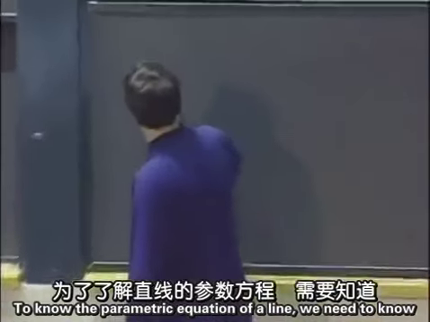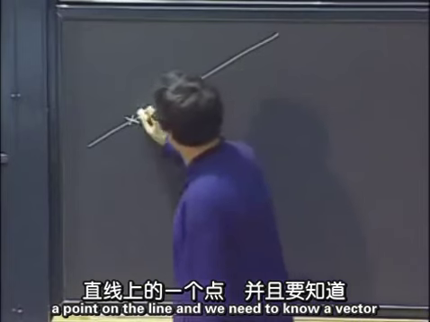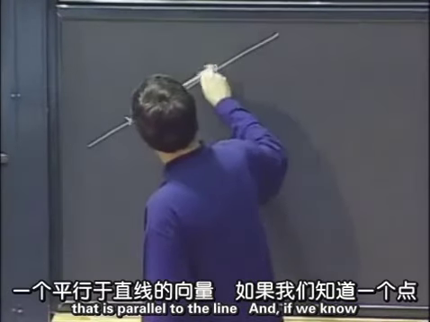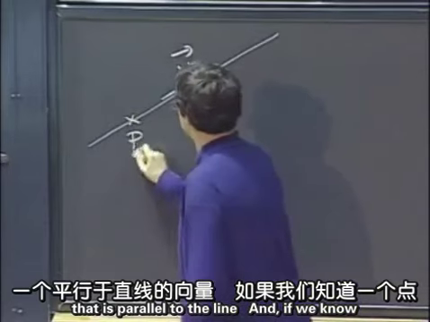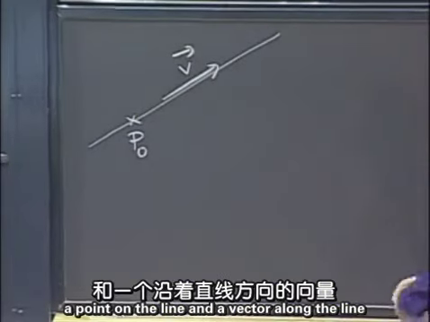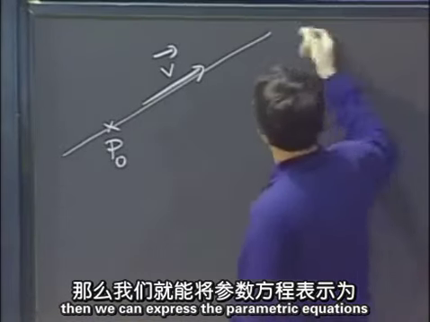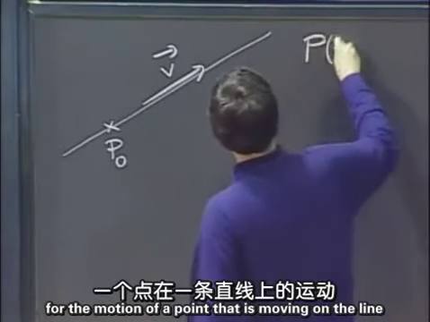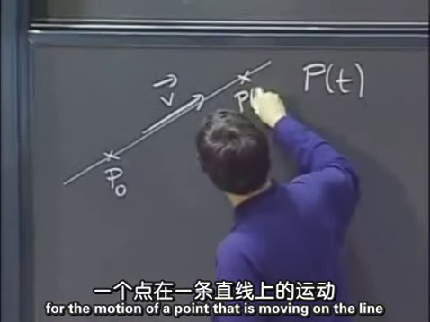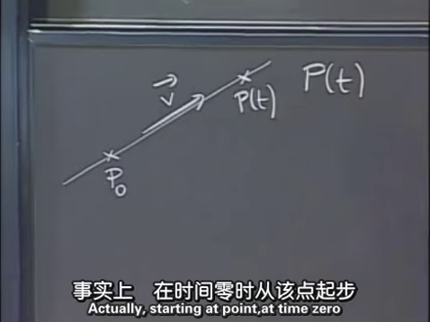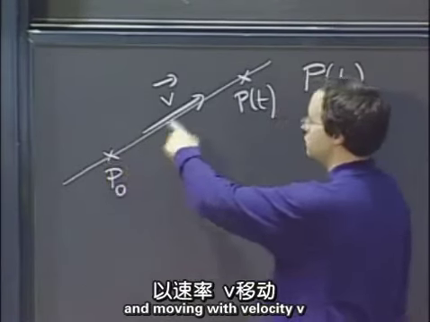To know the parametric equation of a line, we need to know a point on the line, and a vector that's parallel to the line. If we know a point on the line and a vector along the line, then we can express the parametric equations for the motion of a point that's moving on the line. Moving, actually starting at this point at time 0, and moving with velocity v.